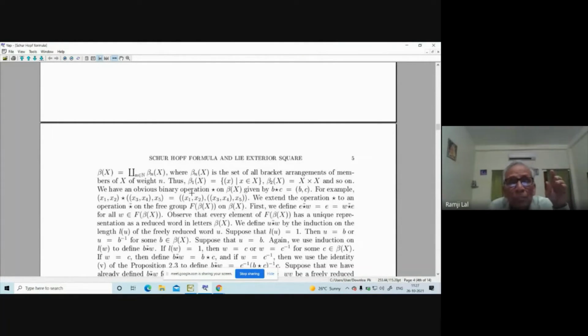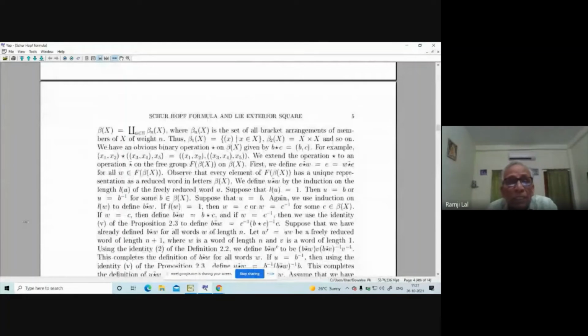For example, β_n X is the set of all bracket arrangements of members of X with weight n. So β_1 X is a single letter X, β_2 X is you take X and Y and put the bracket here, and this is a bracket arrangement. For example, an example of a bracket arrangement of weight 3. So we extend the operation star to an operation on this.